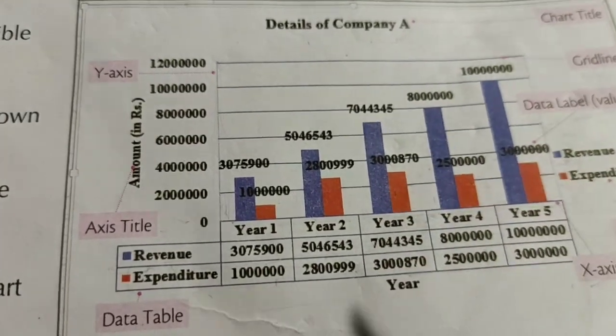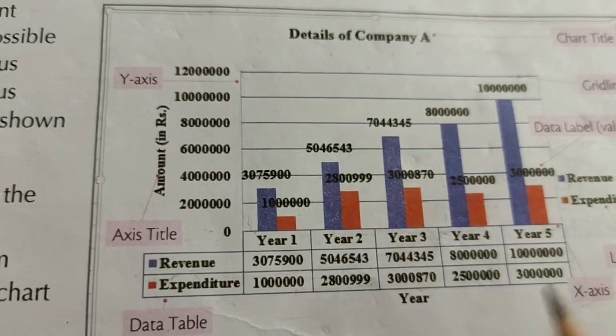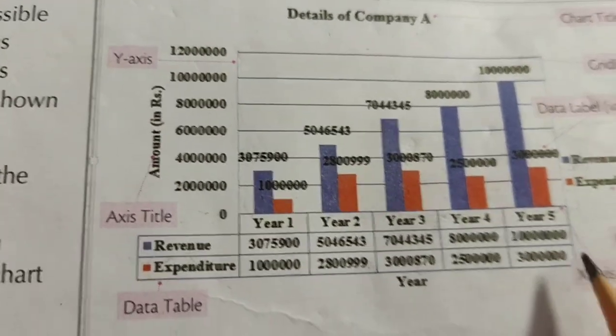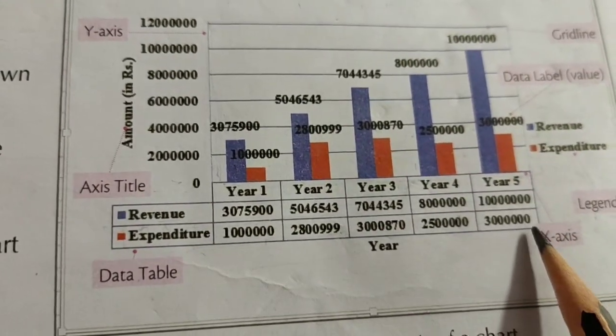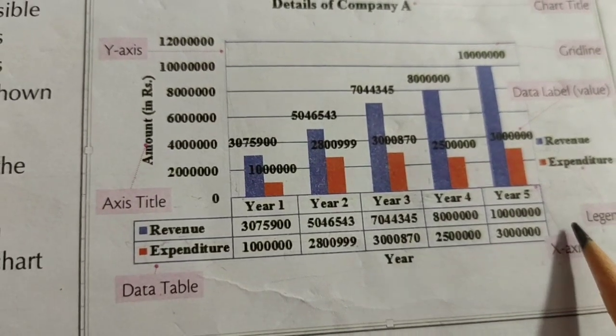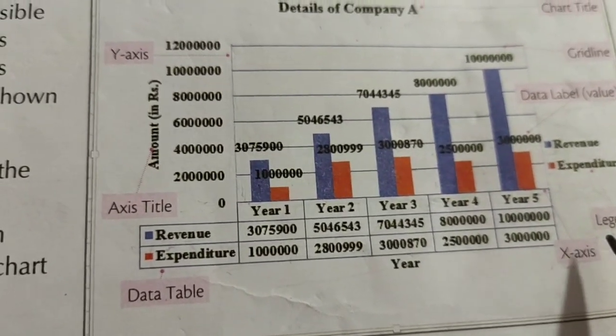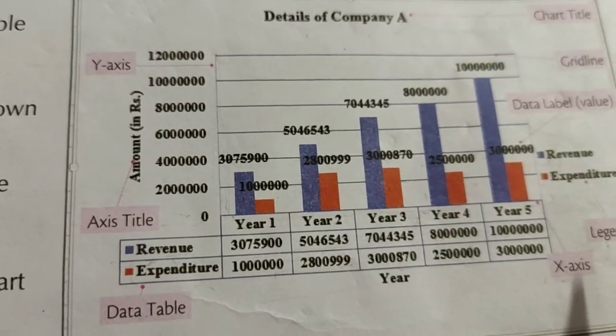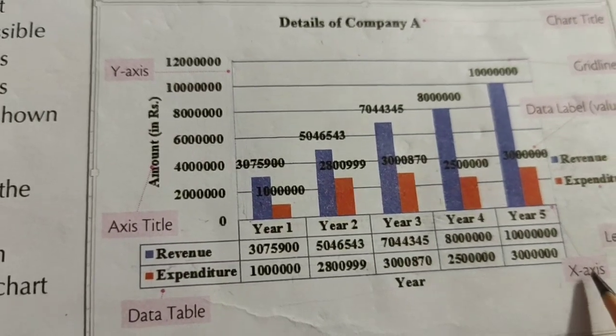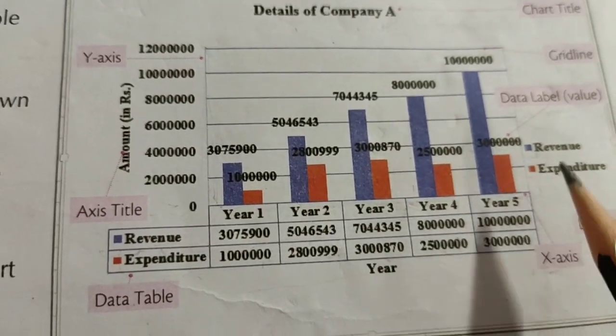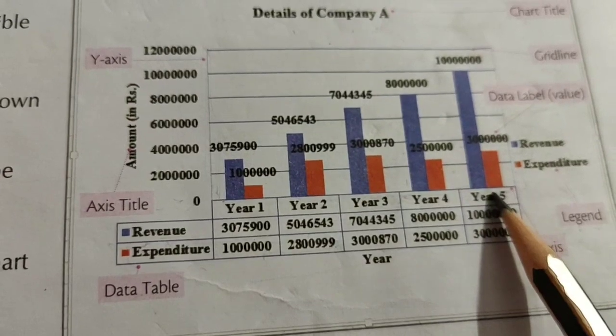This legend you will get in a map diagram also. Below the diagram you will get, suppose the blue color indicates water, green color indicates mountain. The legend helps us to identify the location. The same thing applies in the case of a chart also.